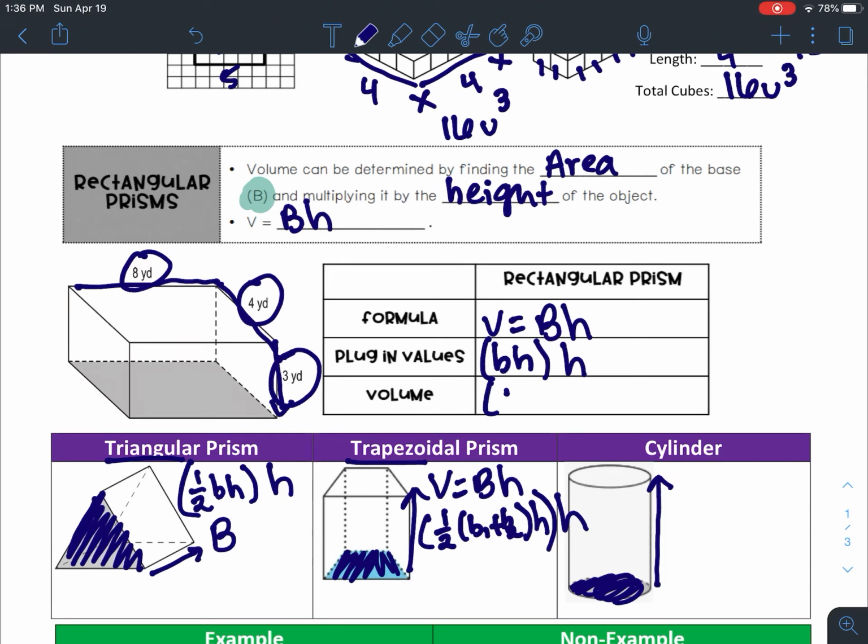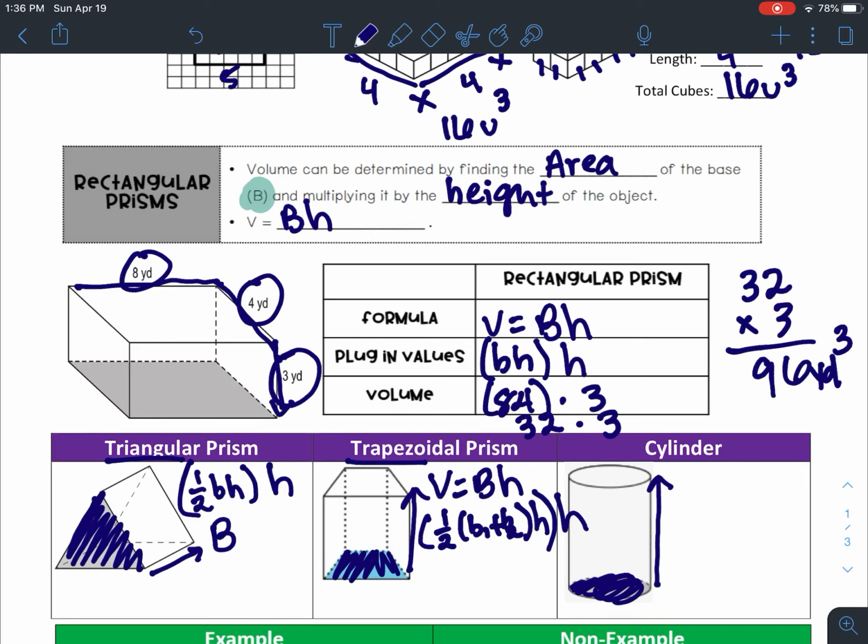So I have 8 times 4, which gives me 32, times the height, which is 3. So 32 times 3, we have 96 yards cubed.